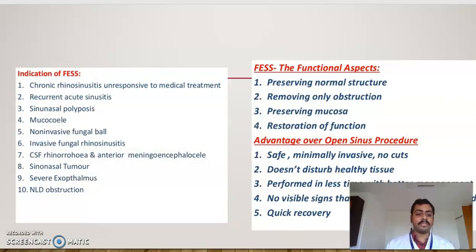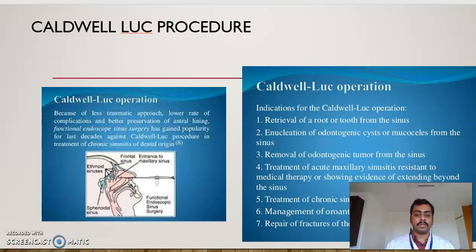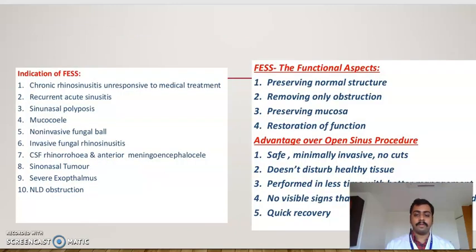What are the indications of FESS? As we have already discussed: chronic rhinosinusitis unresponsive to medical treatment, recurrent acute sinusitis, sinonasal polyposis, mucocele, non-invasive fungal ball, invasive fungal rhinosinusitis, CSF rhinorrhea, anterior meningoencephalocele, sinonasal tumor, severe exophthalmos, and nasolacrimal duct obstruction.